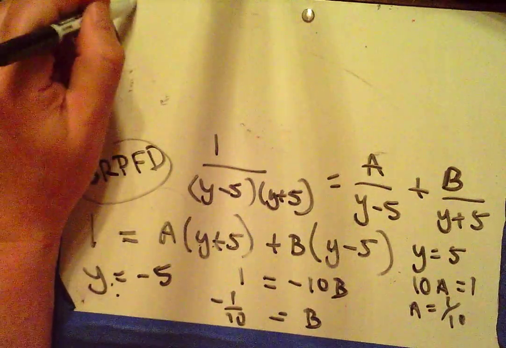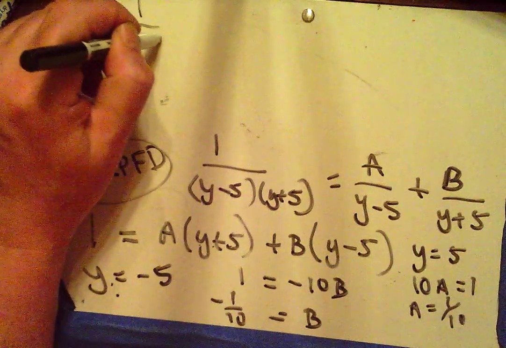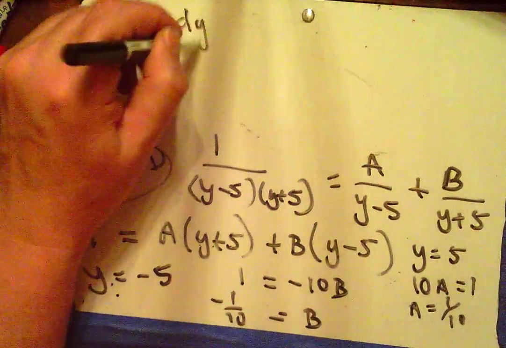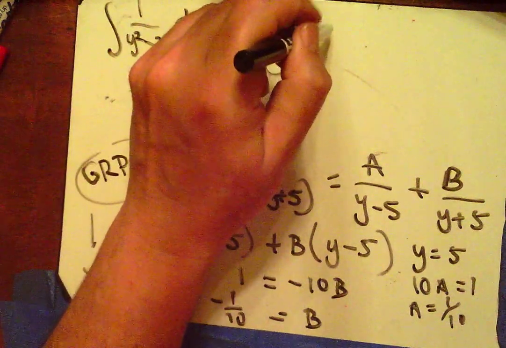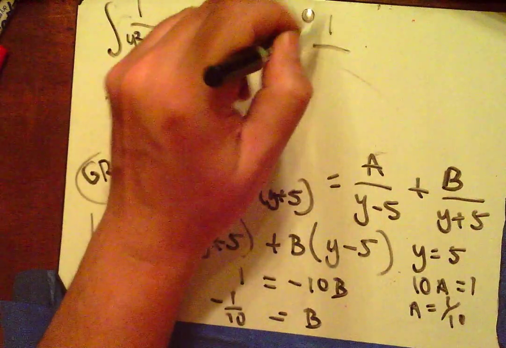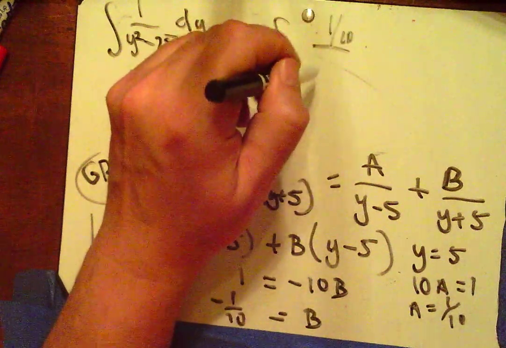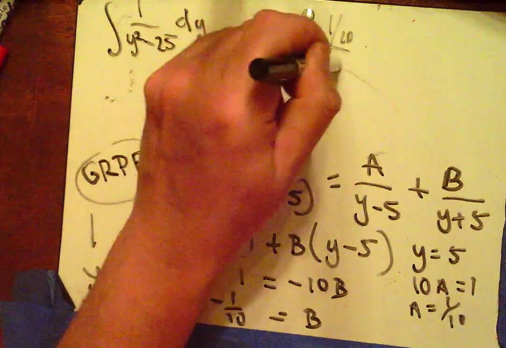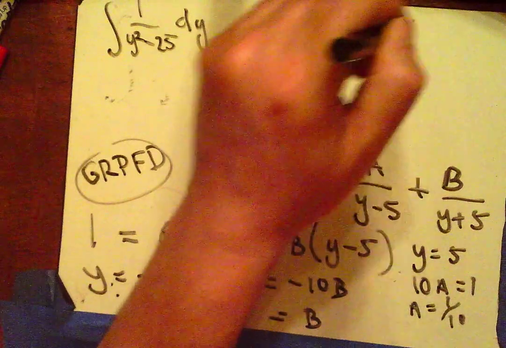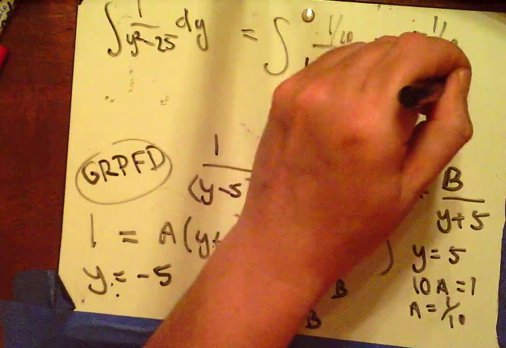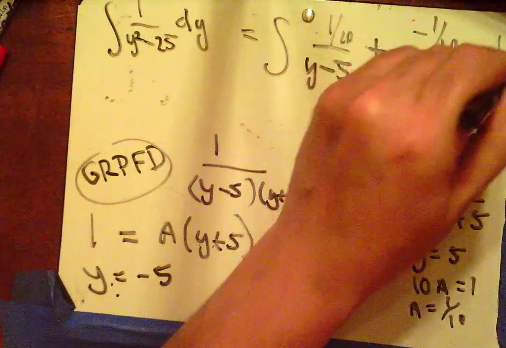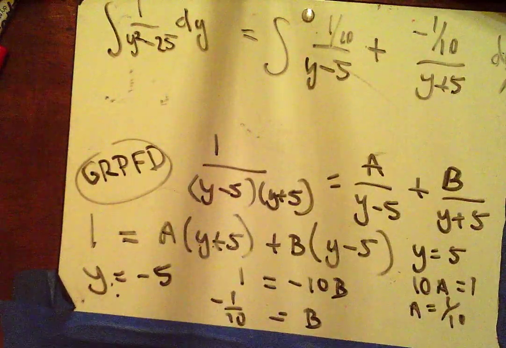So here's what I understand. This thing that I wasn't sure how to integrate can now be rewritten as the integral of (1/10)/(y minus 5) plus (-1/10)/(y plus 5), dy.